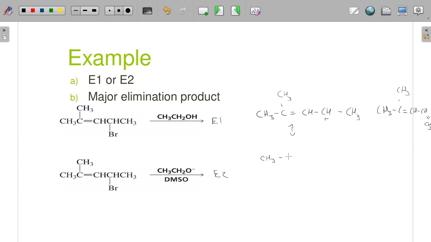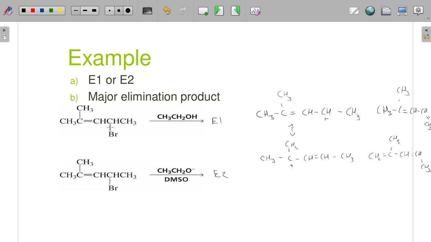Our second resonance contributor is there, which gives us a second alkene, which is not the same as the first. So we have two different alkenes that get formed when we go over as E1.